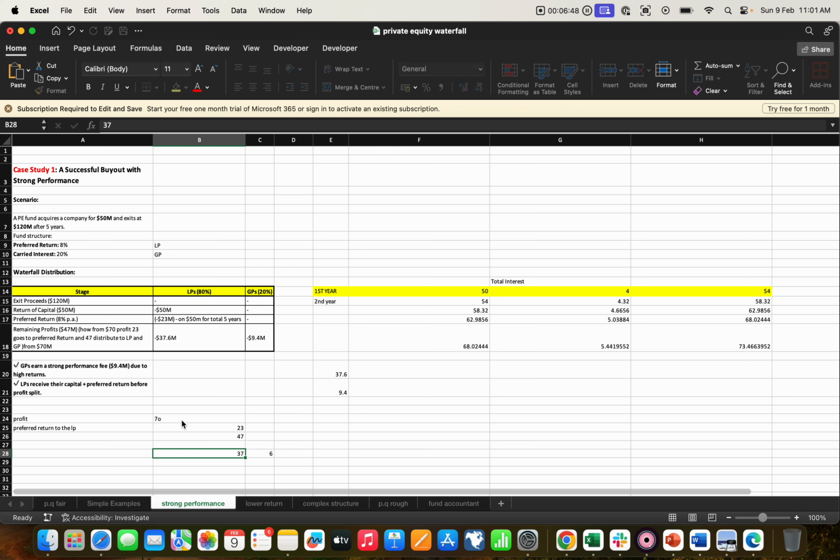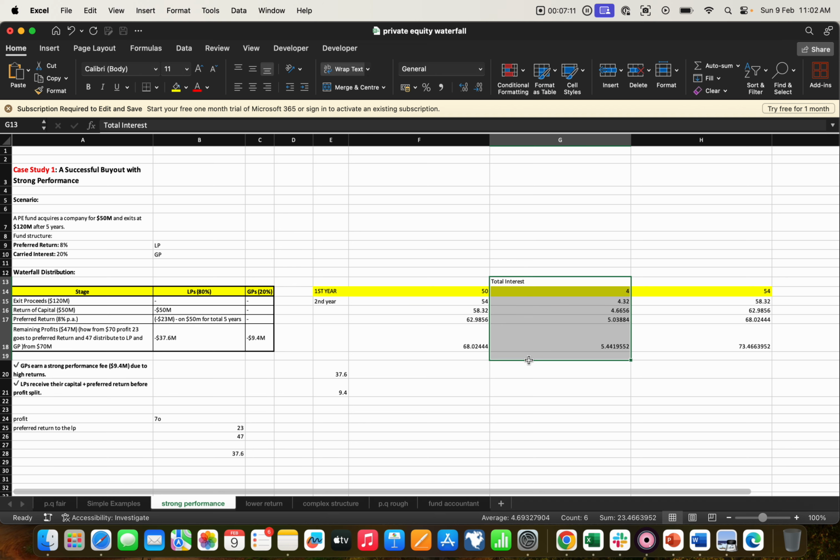And the remaining 9.4 is left with the GP. So this is how the profit has been distributed among the LP and GP, and how we calculated the interest on a cumulative basis. Okay, so this is how you have to calculate when you get such a scenario.